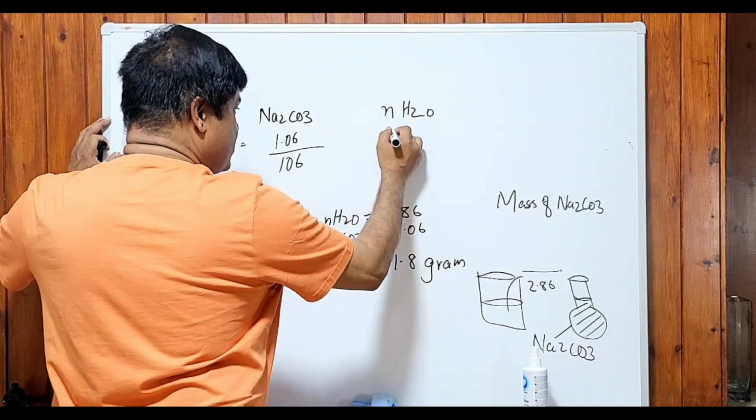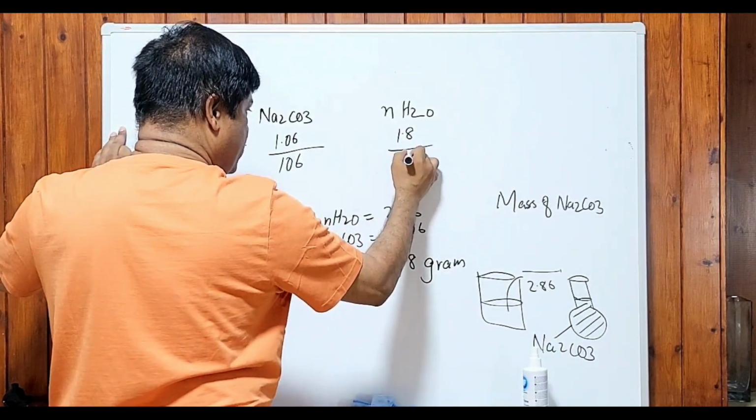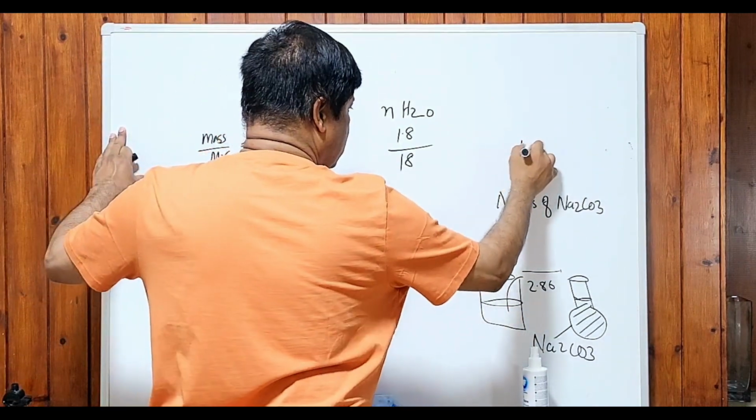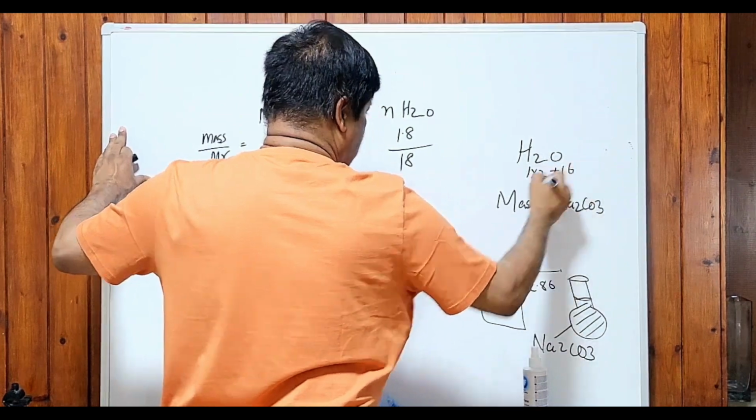We worked out the mass of water, 1.8, and Mr of water is 18, 1 times 2 hydrogen plus 16.